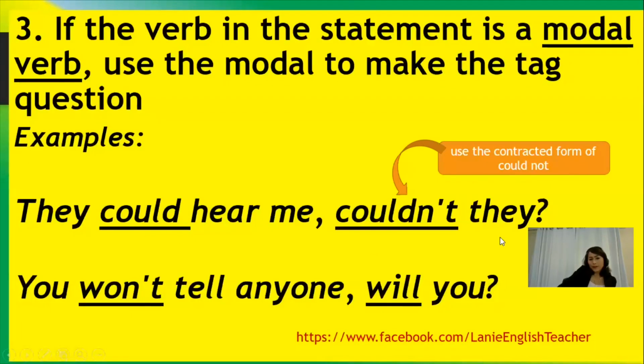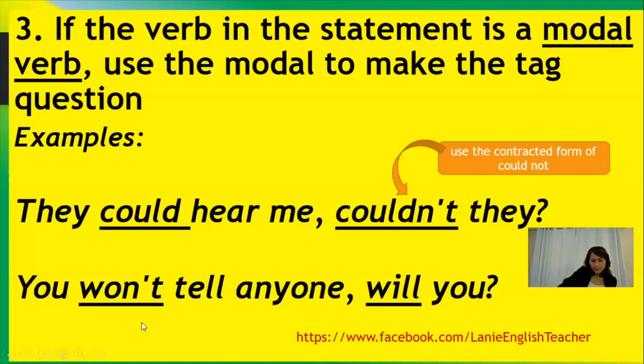Now, what about pronoun they here? So there's no problem about that because we just copy the subject, which is the pronoun they. So in your tag question, it becomes couldn't they? All right, so again, for you to know, couldn't here is a contracted form of could not.